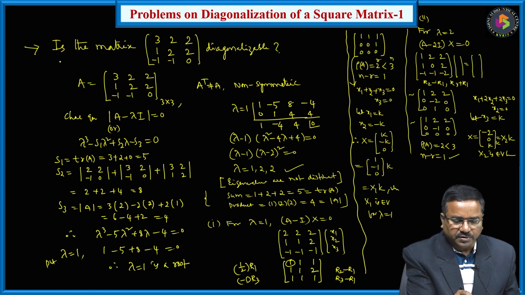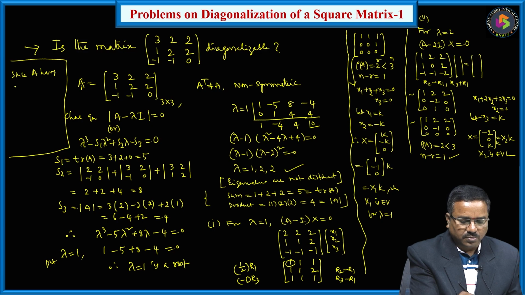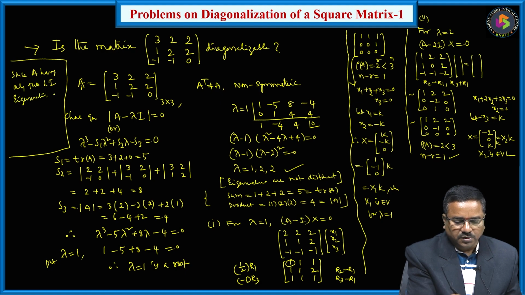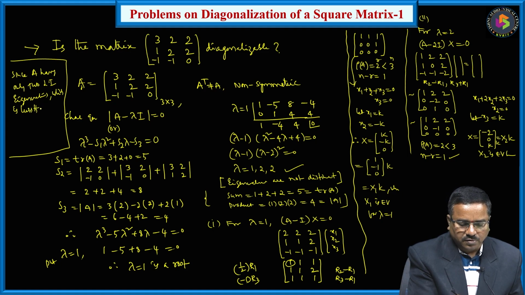Therefore, I am writing here: since A having only 2 linearly independent eigenvectors, which is less than its order.